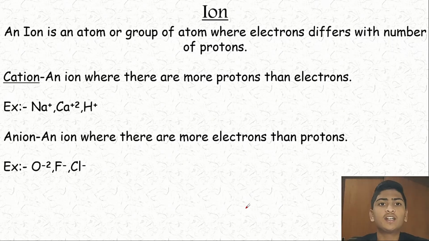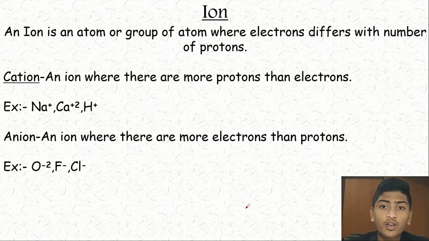Next, ion. Ion is an atom or group of atoms where the number of electrons differs from the number of protons. It means ion is an element where electrons and protons are not the same. There are two types of ion, anion and cation. Cation is a positive ion. Cation has more protons than electrons.